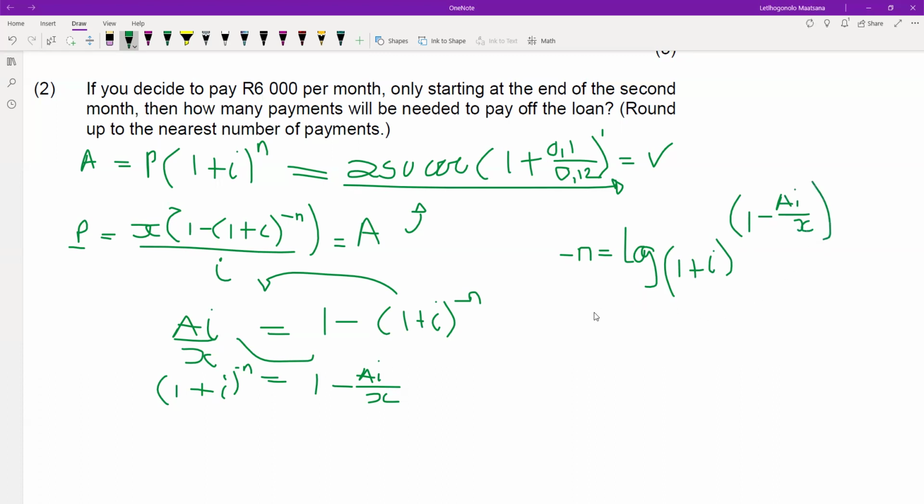Right. So we'll put that into the calculator. Let's substitute in our words. The base value is 1 plus our I, which is 0.1 divided by 12 because it's for 12 months. And then our input would be 1 minus that accumulated value.